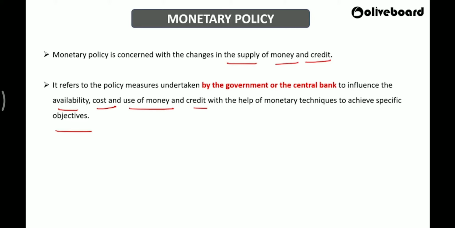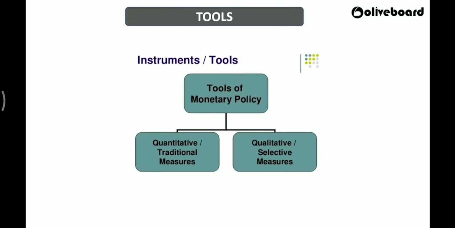We will see one by one how it will help. So any policies taken by RBI or the central bank to influence the availability of funds or money, the cost of that money, or the use of that money, that is called what? Monetary policy.